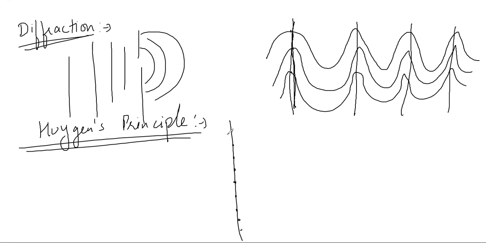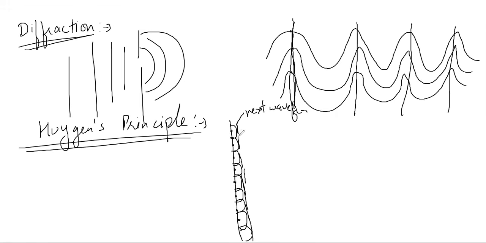So if every single point is going to act as a source of secondary wavelets, and let's say I had drawn some finite amount of points over here, and I can start secondary wavelets from all these points, then this principle states that you can draw the tangent to these wavelets over here, and then this will be your next wavefront.